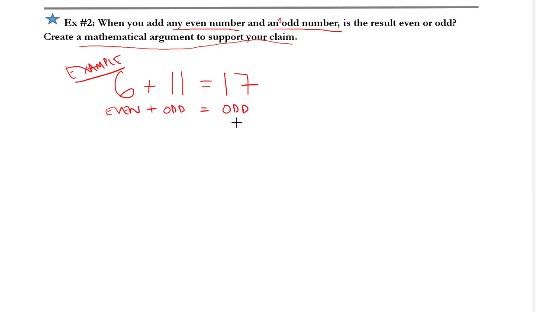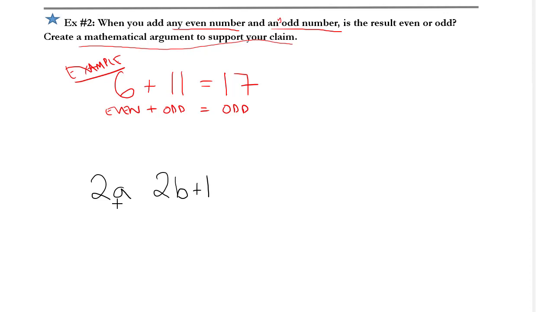Okay, now we know how to do this. We know how to create a mathematical argument to support our claim, and we're going to use our algebraic representations of even and odd numbers. So we know that any even number, I can rewrite it as 2 times a. Any odd number, I can write it as 2 times b, plus 1.